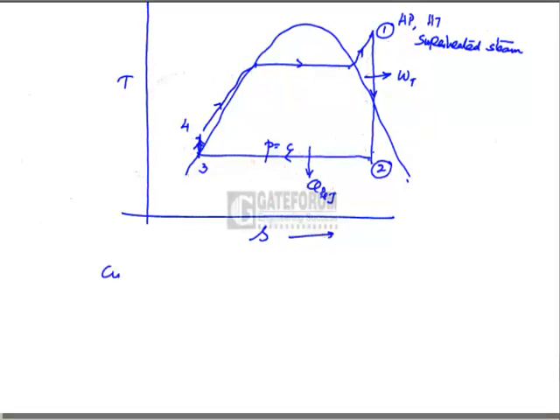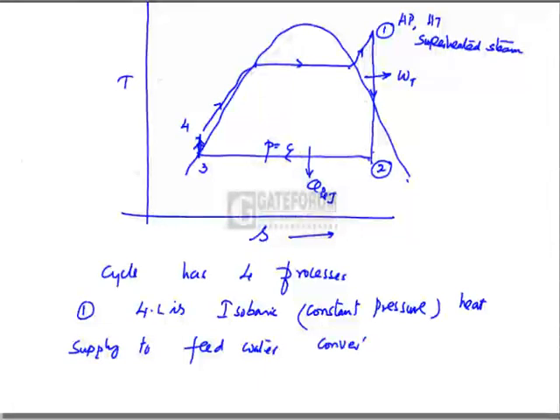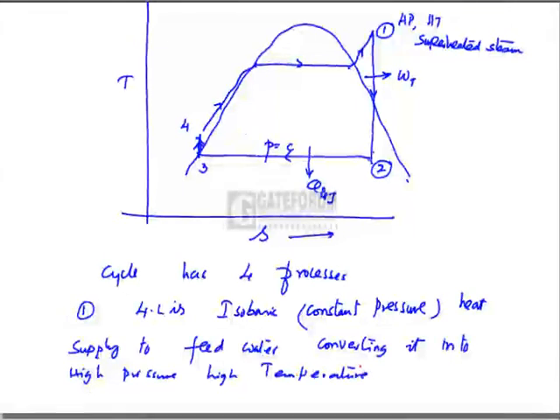So the cycle has 4 processes, namely number 1, 4 to 1 is isobaric, that is constant pressure, heat supply to feed water, converting it into high pressure, high temperature, superheated steam.